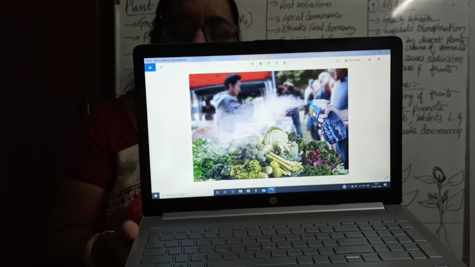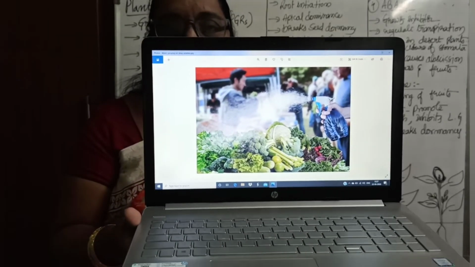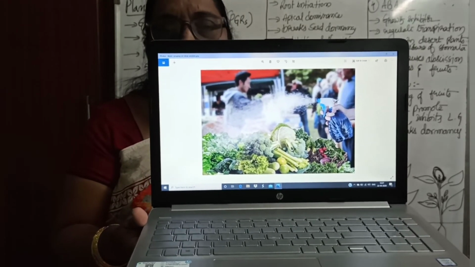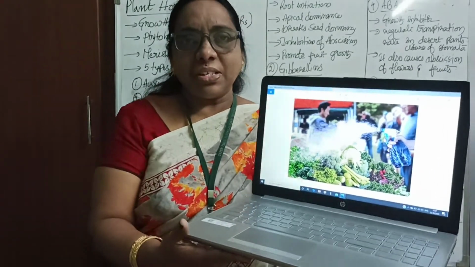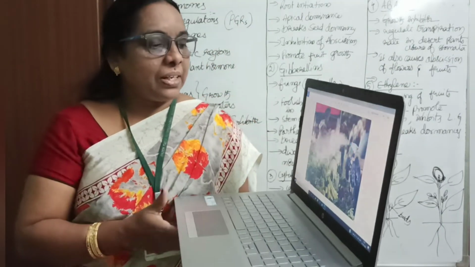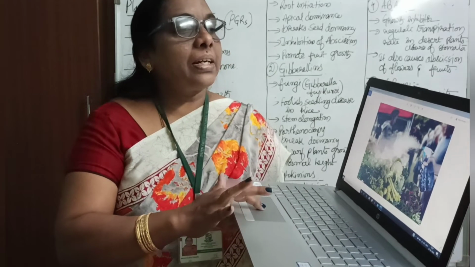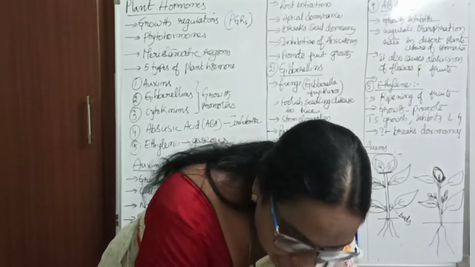The vegetables stay longer and look fresh. Of course, we are facing a lot of disadvantages also, and when you use these chemicals continuously, the normal functions of our body are affected. So that is about cytokinins. Okay, children, and that's all. These three are plant growth promoters.